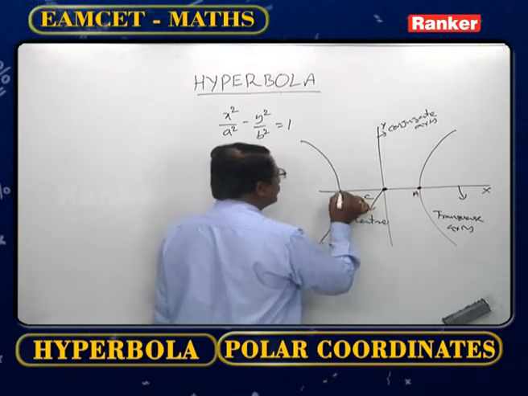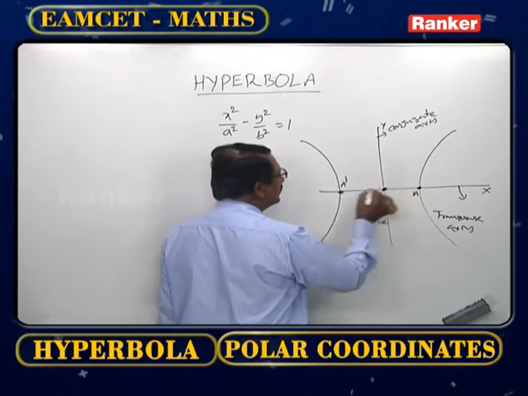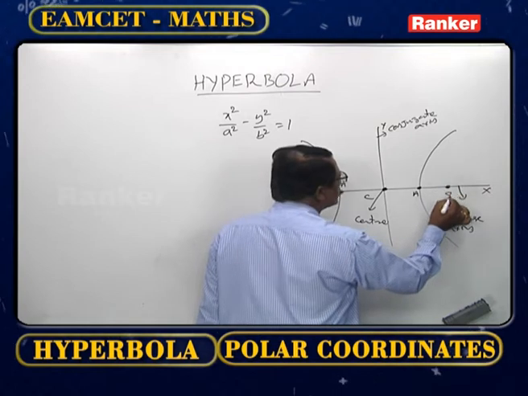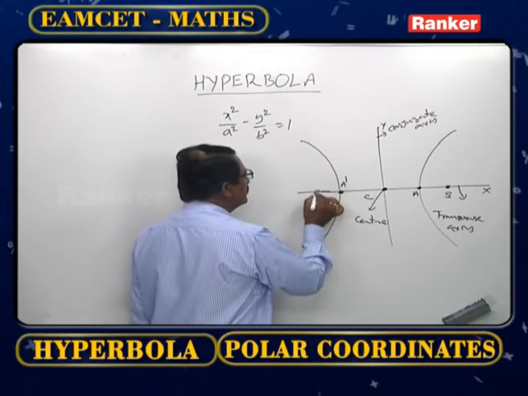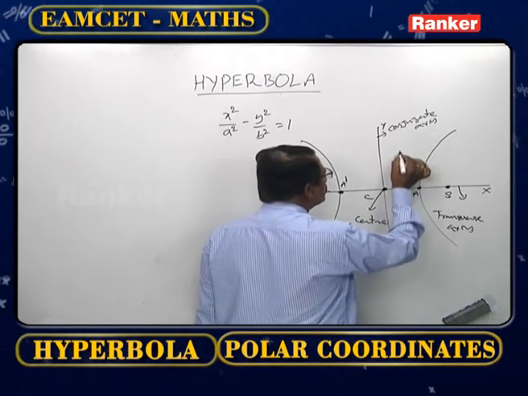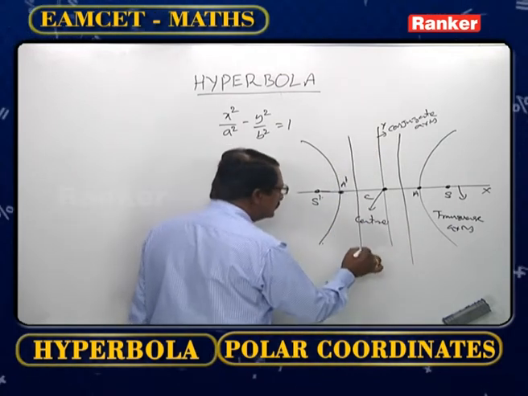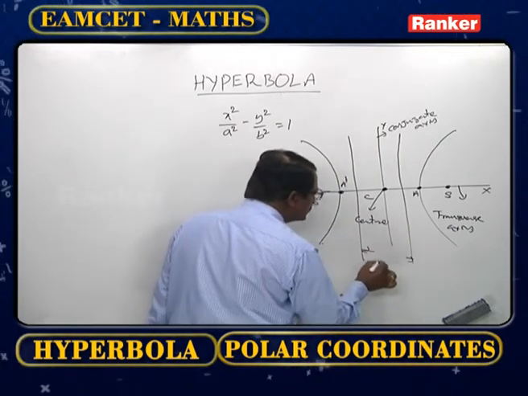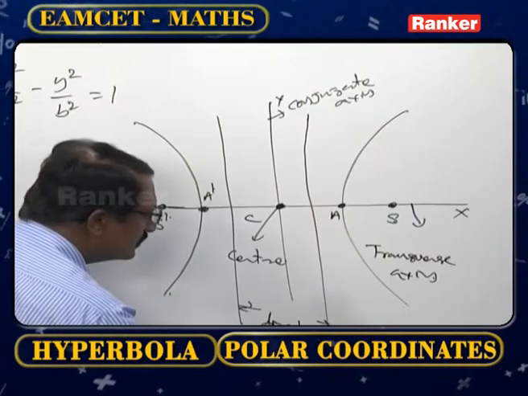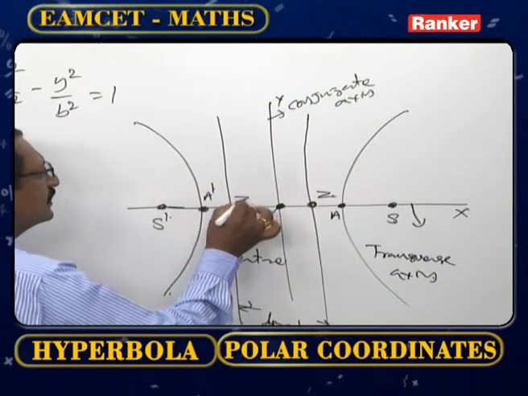The points of intersection of the hyperbola and the transverse axis, A and A dash, are called vertices. S and S dash are foci. These two lines are directrices. Z and Z dash are feet of the directrices.